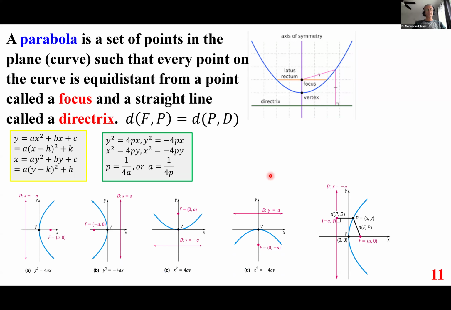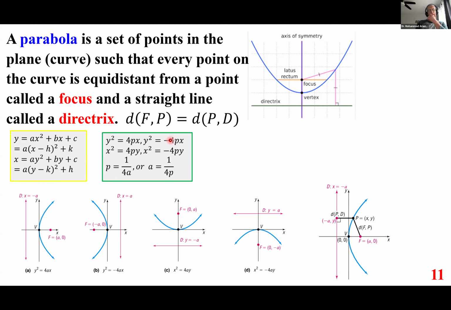Now, if we go with this concept of a directrix and focal distance, then we can write y squared equals 4px or minus 4px. In many texts, they use y squared equals 4ax or minus 4ax. I'd rather go with p.